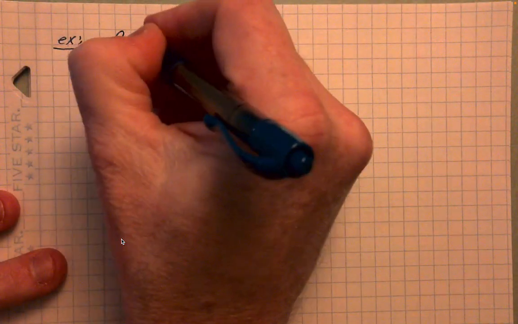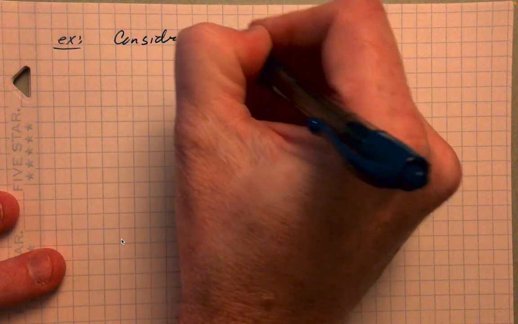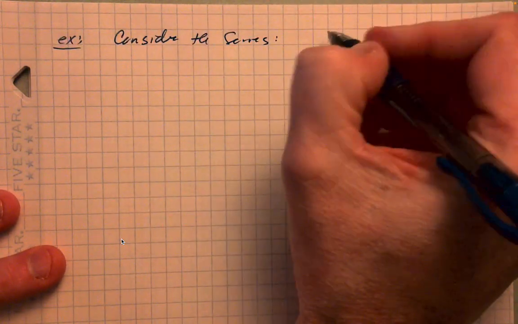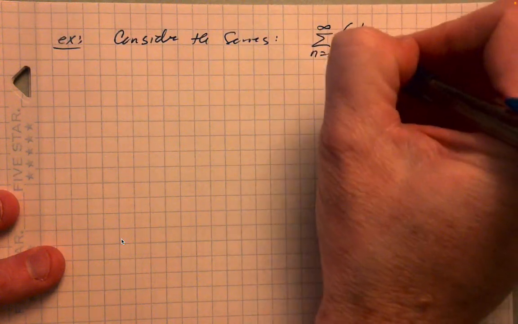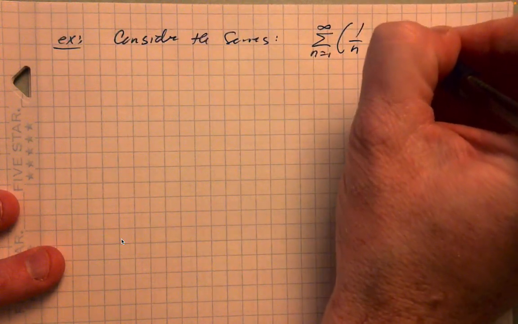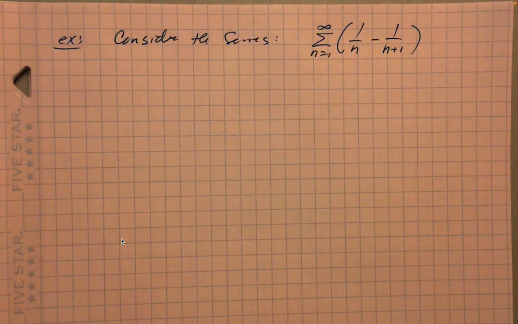Okay, so here's another example. Consider the series n equals 1 to infinity of 1 over n minus 1 over n plus 1. So you're basically taking 1 over n and subtracting off of it what would naturally be the next term in a 1 over n sequence.